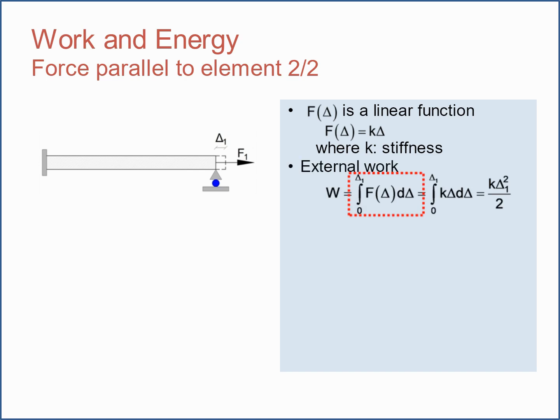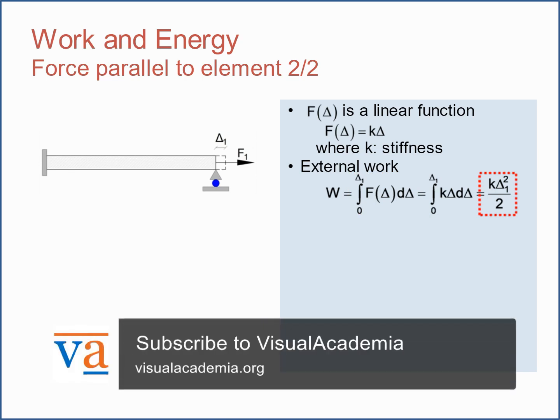The external work, W, is equal to the integral of the forcing function, F delta, integrated with respect to d delta, between 0 and delta 1. This equation can be further manipulated to become equal to K times delta 1 squared divided by 2.